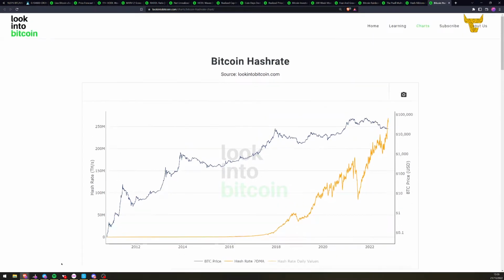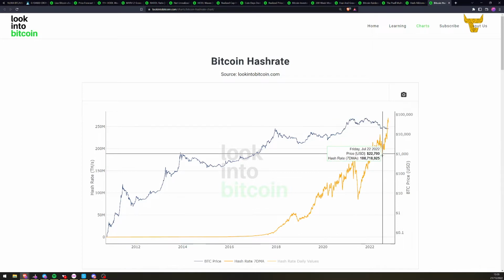So finding it interesting to see how crazy it is, and it's really increased a lot. I mean, we went from 190 million to 270 million.